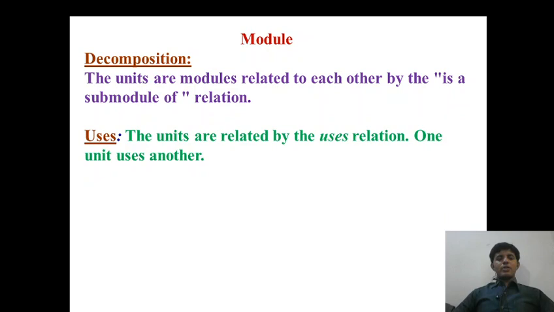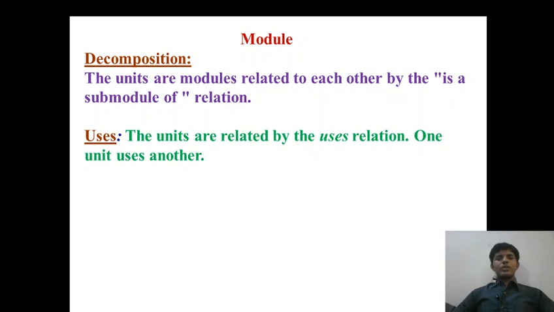Next one, uses architecture. In this uses architecture, the modules are represented with the uses relation. In the project there may be many modules represented. In that representation, one module may need to access another module, and that module may need to interact with some other modules specified in your project.